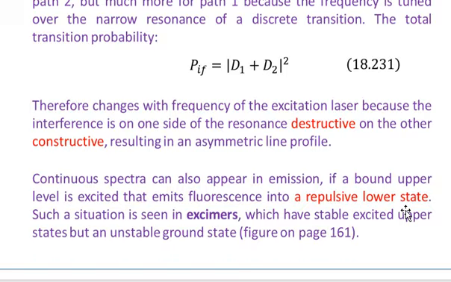That is, the lower state should be an unstable state. So the transition from the upper stable state to a lower unstable, repulsive state will give you a continuous spectrum. Such a situation is seen in excimer lasers, which have stable excited upper states but unstable ground states.